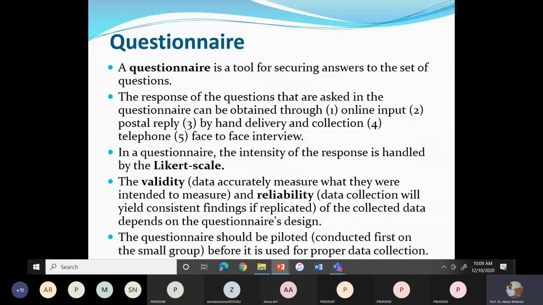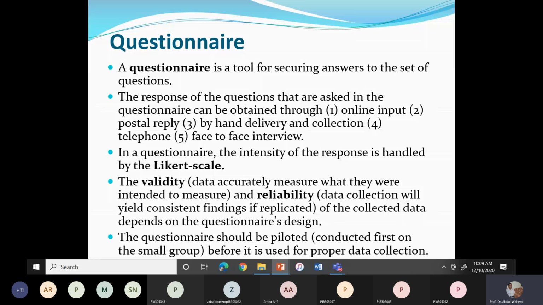And in the questionnaire, the intensity of the response is handled by the Likert scale. Just like strongly agree, strongly disagree, agree, disagree, and neutral. So such intensity is handled by the Likert scale. You have to assign 1, 2, 3, 4, 5 like this.